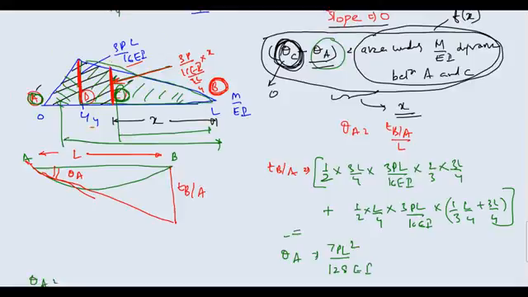So this is 3PL upon 16 EI divided by 3L by 4, and you will get P upon 4 EI into X. Is there an L also? X upon L.